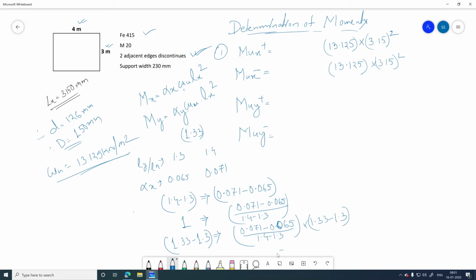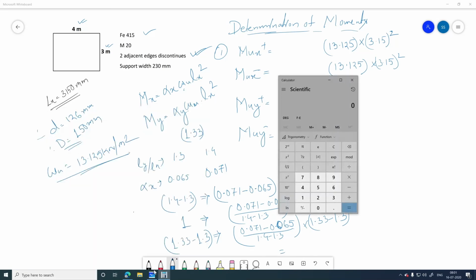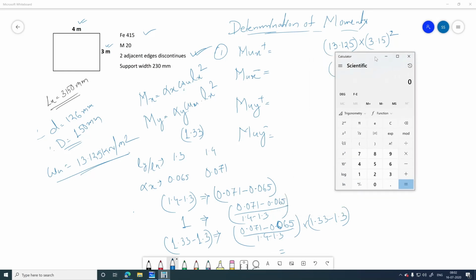I just show you here. 0.071 minus 0.065 divided by 1.4 minus 1.3, that is 0.1, and it will be multiplied with 0.03, the subtraction value of 1.33 minus 1.3.